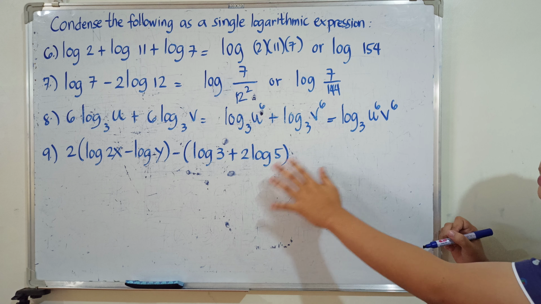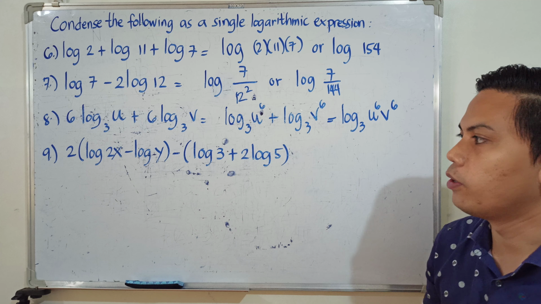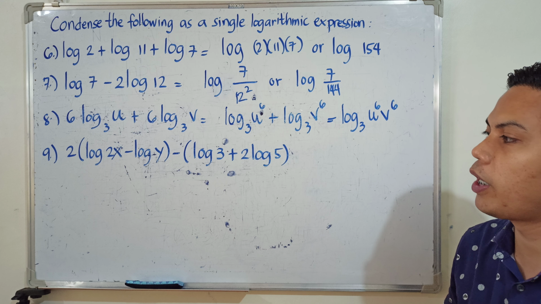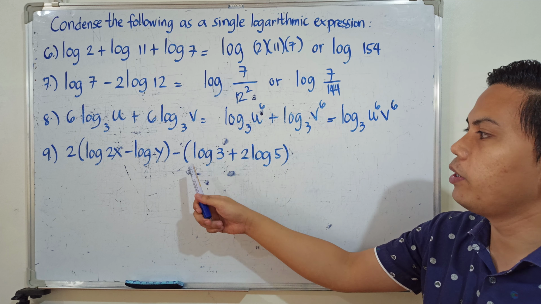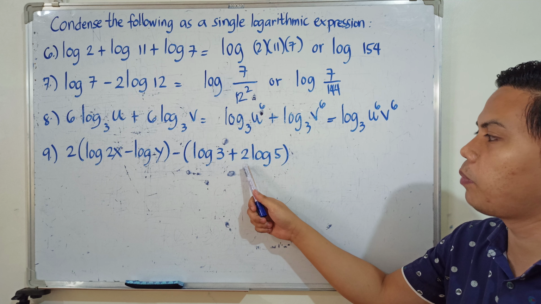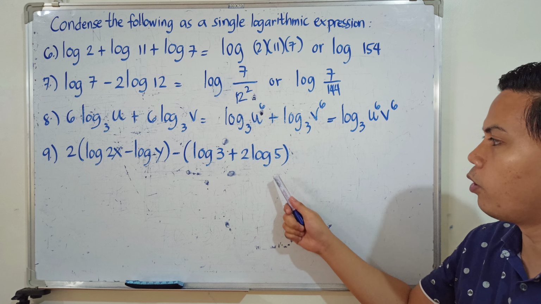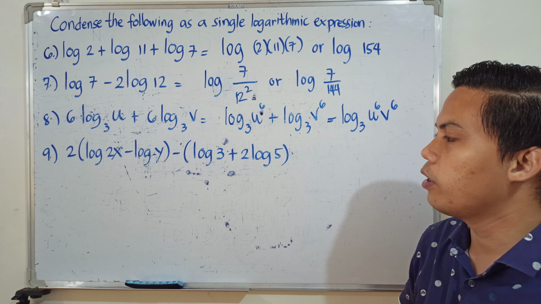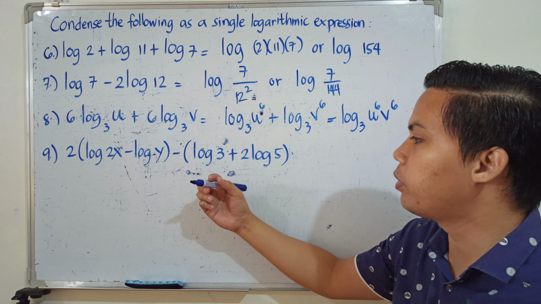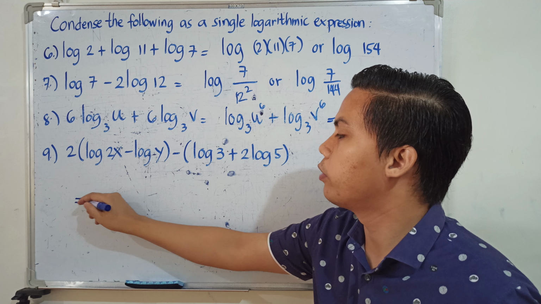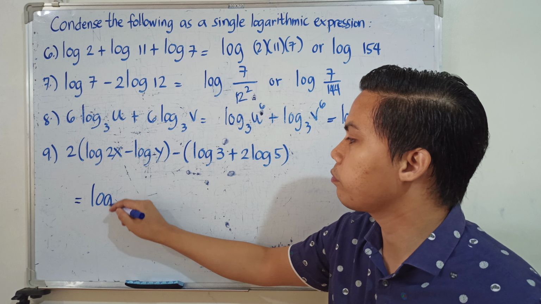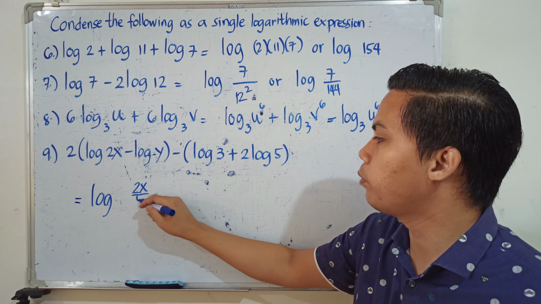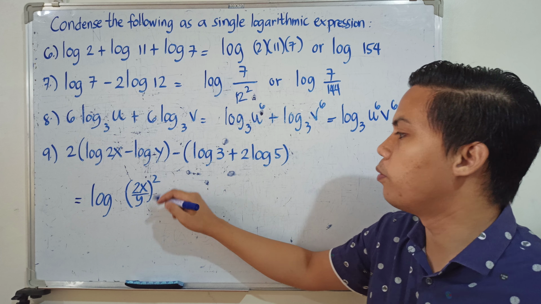Okay, how about number 9? So number 9 medyo mahaba siya. So let's have this one. 2 times the quantity of the logarithm 2x minus the logarithm of y minus the quantity of the logarithm of 3 plus 2 times the logarithm of 5. So unahin muna natin yung nasa unang parenthesis. So it will be written as the logarithm of 2x over y raised to 2.